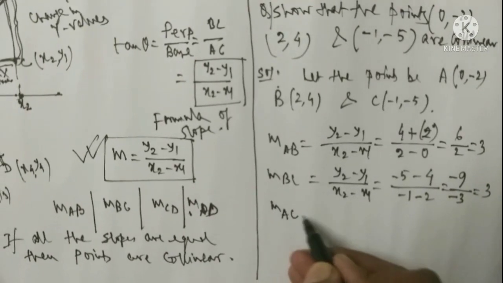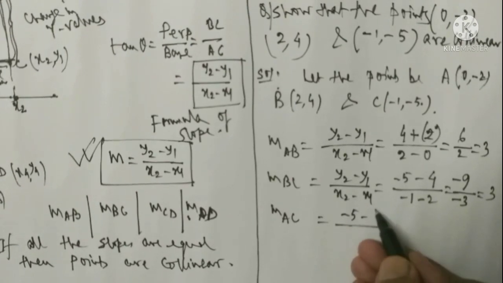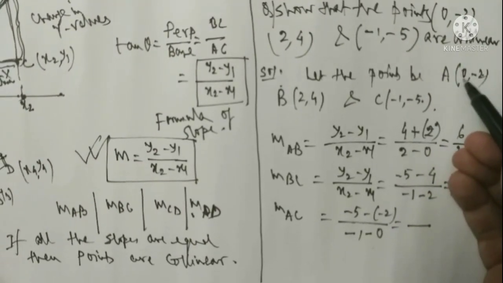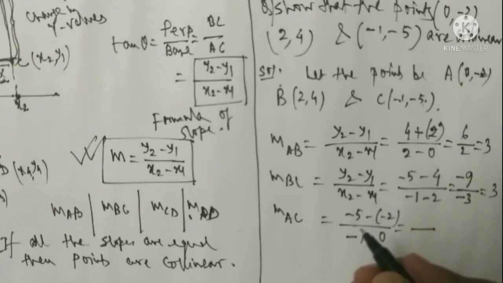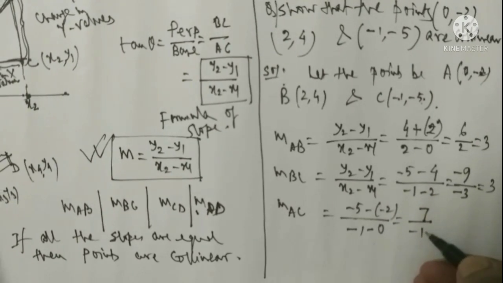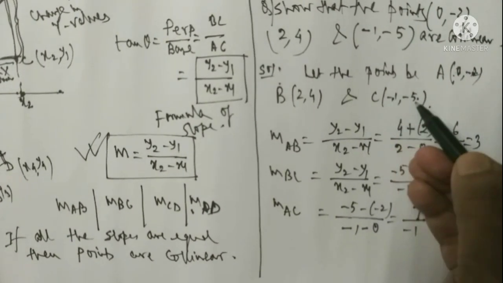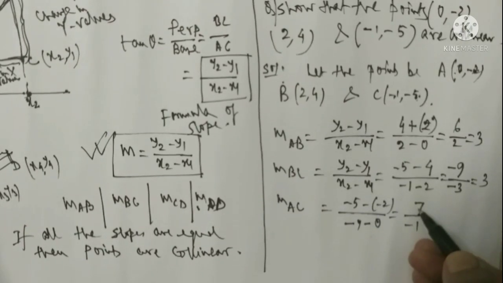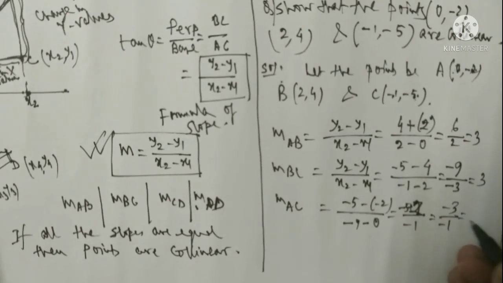And if I take AC, then A is x1 y1 and C is x2 y2. Now y2 minus y1 by x2 minus x1, that is -5 plus 2 by -1 minus 0, that is -3 by -1, that is 3.